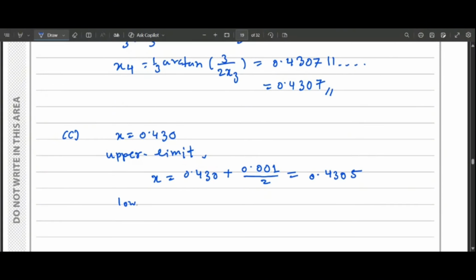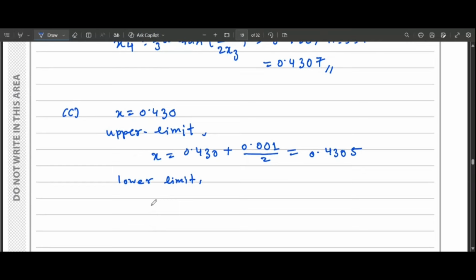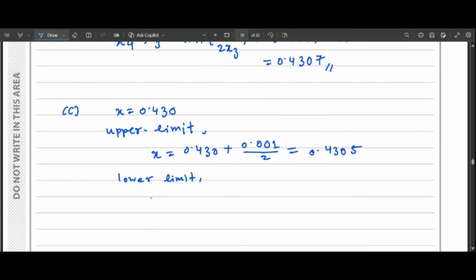We can find the lower limit. The lower limit and the upper limit give us the boundary up to which the value of x can vary, so that it can be said that x is equal to 0.430 up to 3 decimal places.